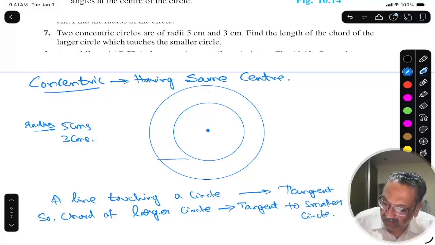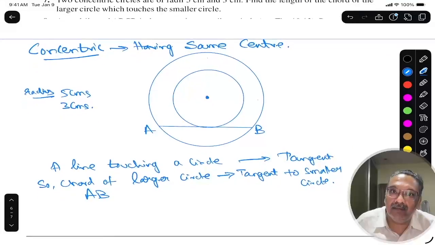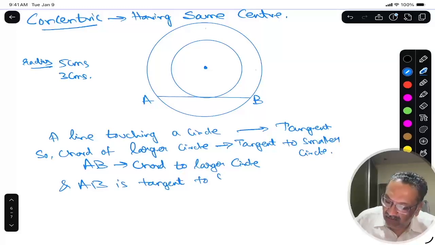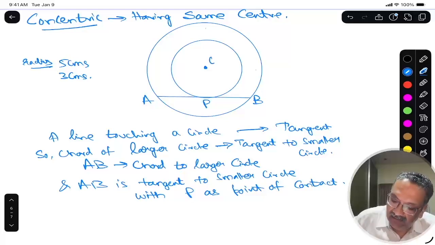So I will call this AB. AB is the chord of the larger circle, and AB is tangent to the smaller circle with P as the point of contact. So I'll call this P, this O.